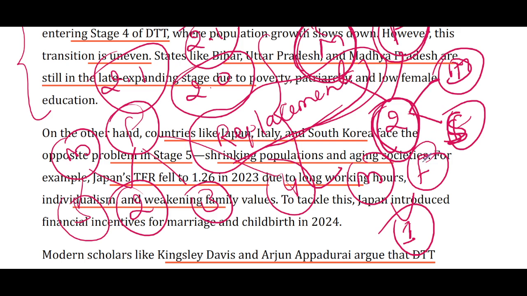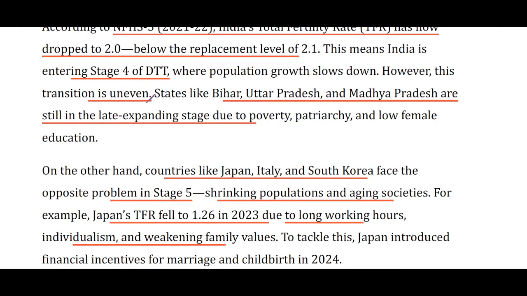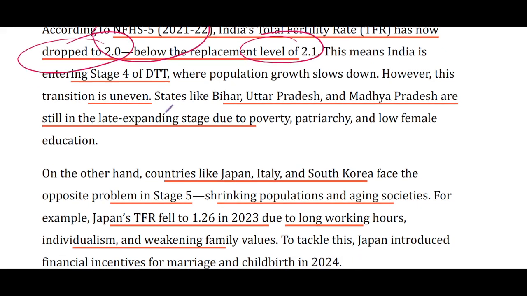So many couples do not have children or are not able to have children. So this 2.1 is a statistical average of the total fertility rate. Anyway, according to NFHS data, India's TFR has dropped to 2.0, below the replacement level of 2.1. So this means India has entered stage 4 of DDT.